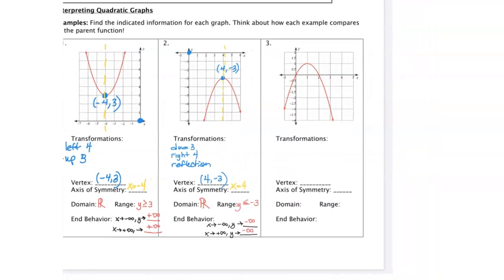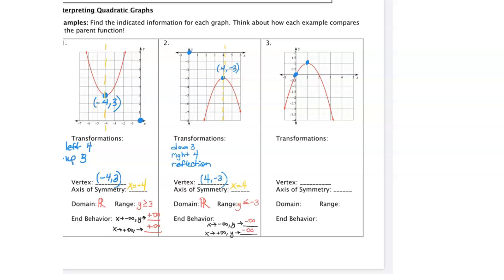Okay. Let's try one more together. So remembering that the original vertex for your parent function would have been at 0, 0. But our vertex is up here at 1, 1. So first off, noting from 0, 0, where the original vertex for the parent function would have been, we now must shift over 1 to the right and 1 up.